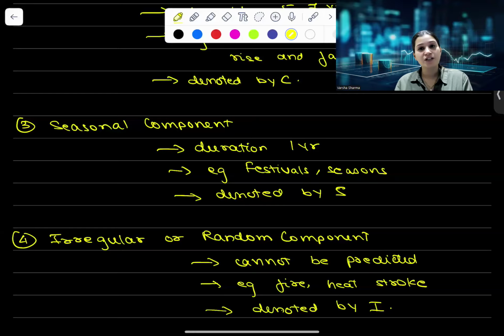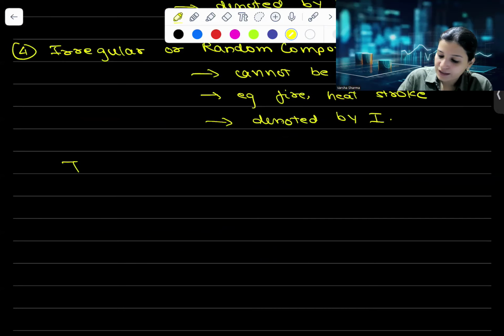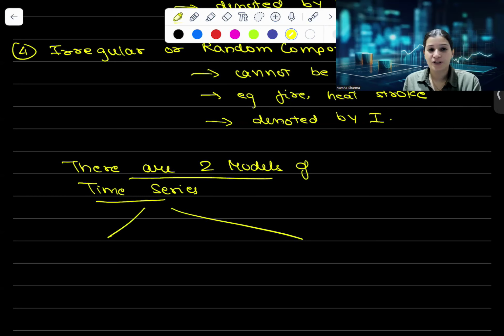Now, the effects of these four components on the data is determined by two models. There are two models of time series. All this theory comes only in MCQ. First is the additive model.